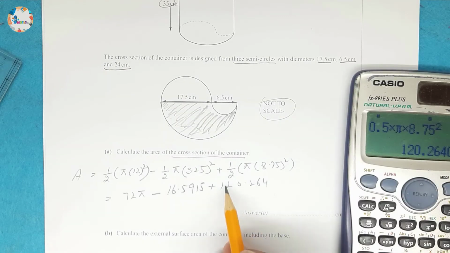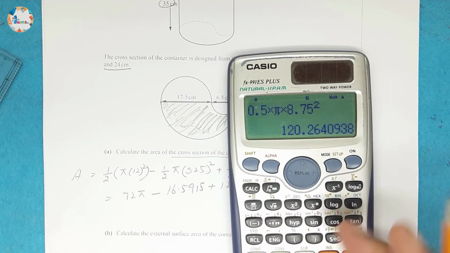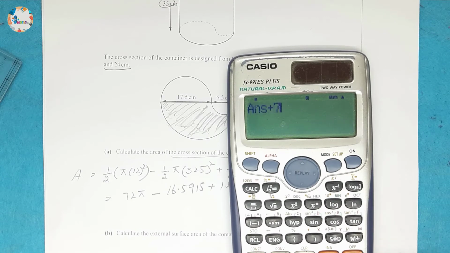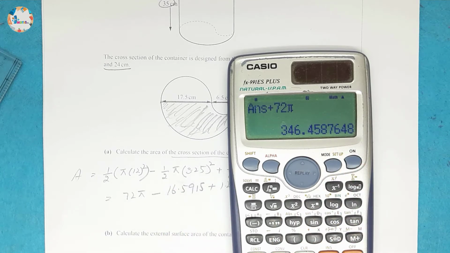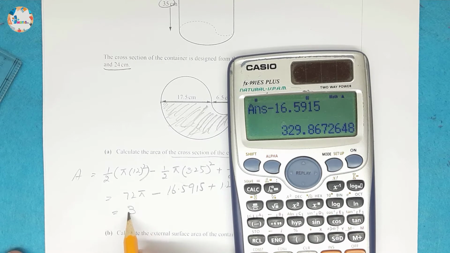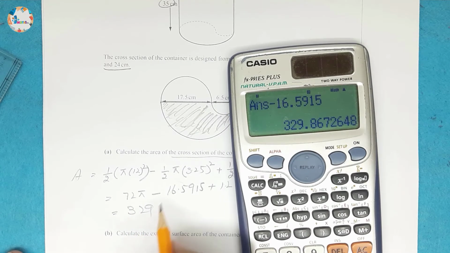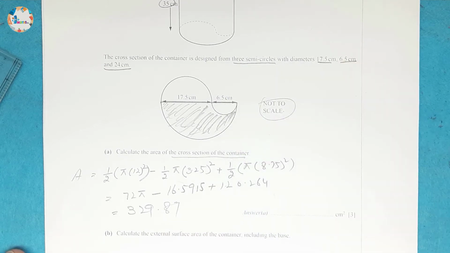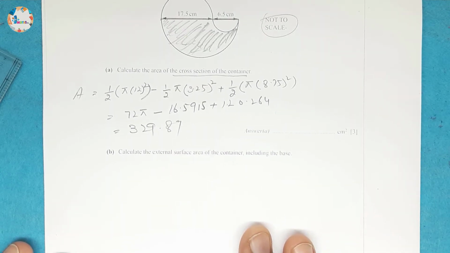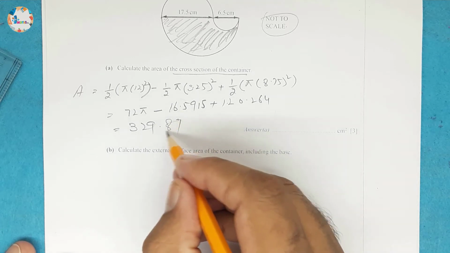So this one and this one we can add. In this one we can add plus 72 pi, and this will be equal to this one. Now we can subtract this, minus 16.5915, and answer is 329.87.